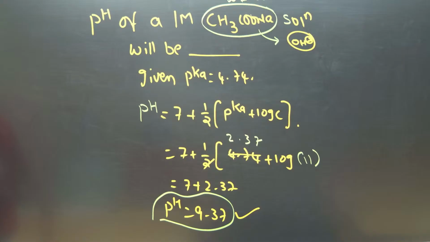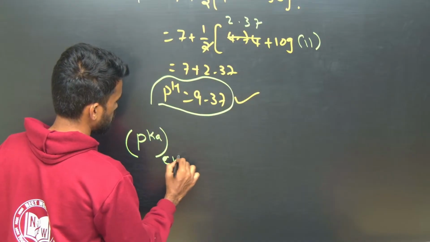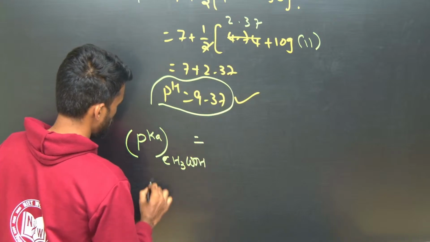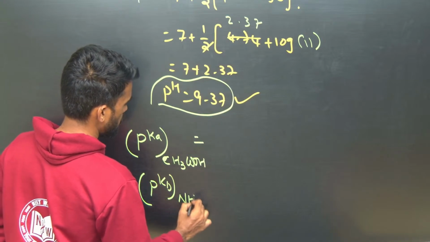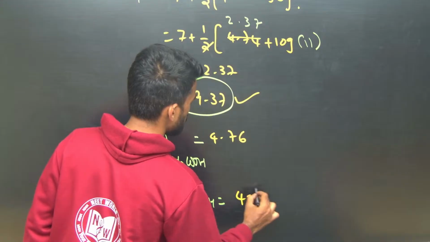Write one more question. Calculate pH of ammonium acetate solution, given pKa of acetic acid and pKb of ammonium hydroxide. pKa of acetic acid is 4.76, and pKb is 4.75.